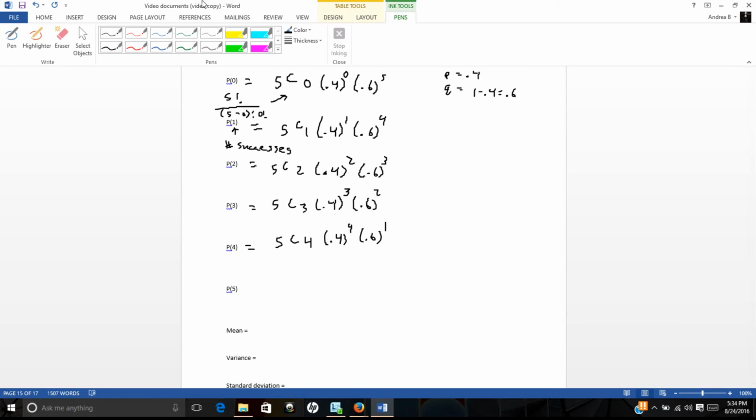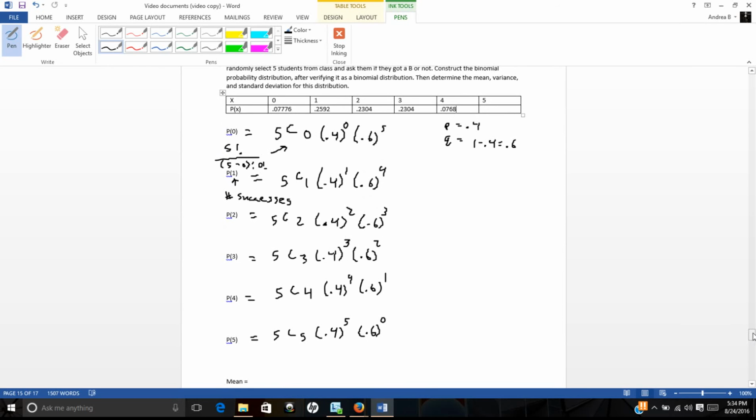And then for 5 successes here, we'd have 5C5 times 0.4 to the 5th power, since we want 5 successes there, and no failures. Keep in mind, once again, if you have something to the 0 power, or if you have a 0 factorial, those are equal to 1, not equal to 0 like you have if you multiply.